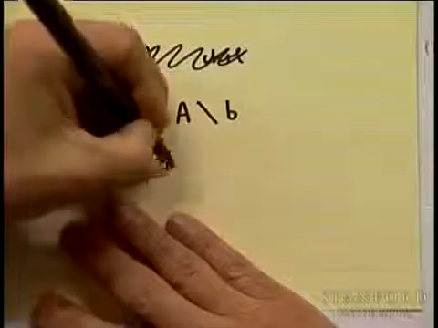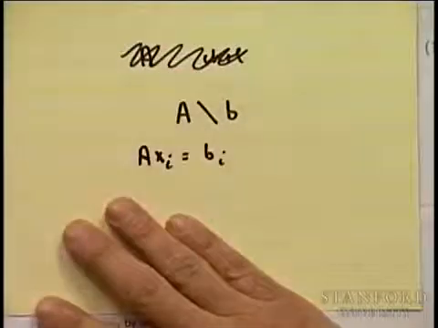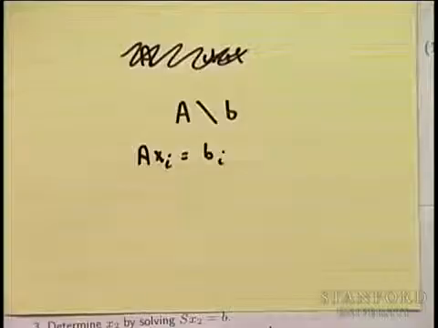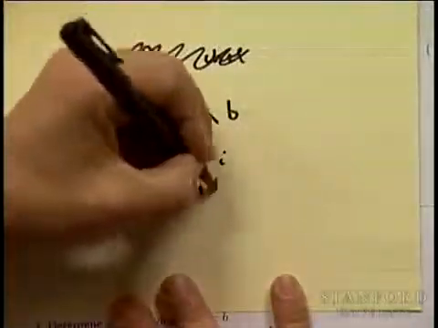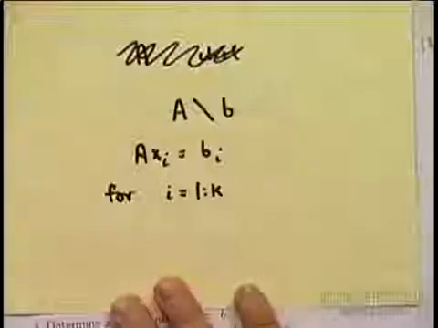So this is the first thing you need to know. Now suppose you want to solve A x_i equals b_i in MATLAB, where you have a bunch of these. Doing it one at a time would be intensely stupid. It should work, but anyway, that doesn't matter.